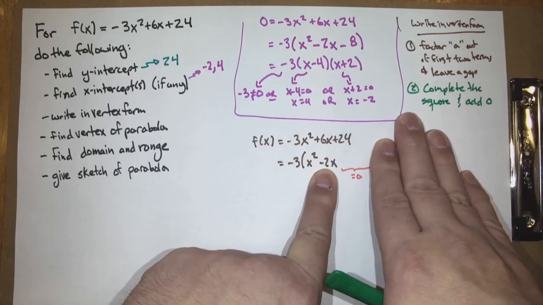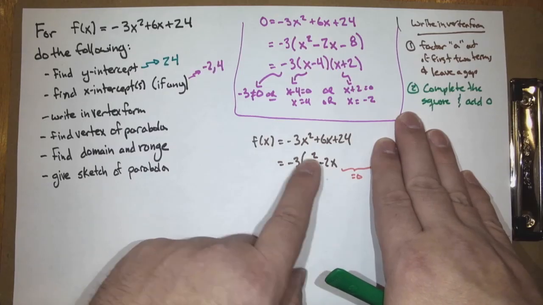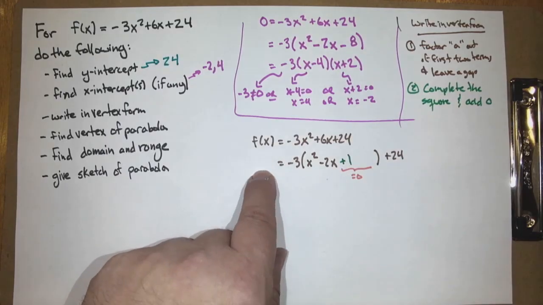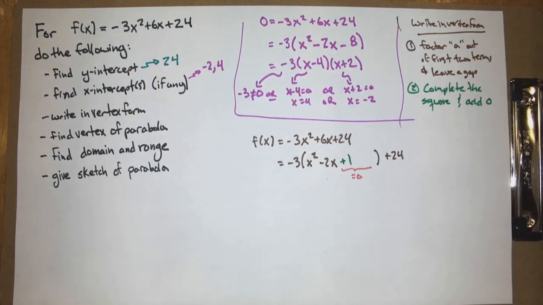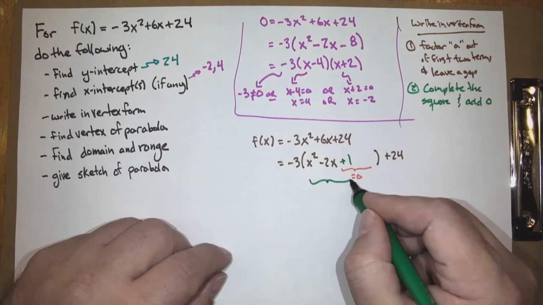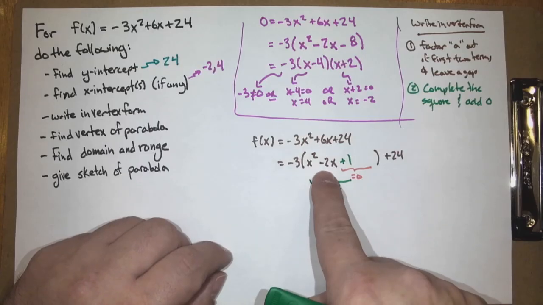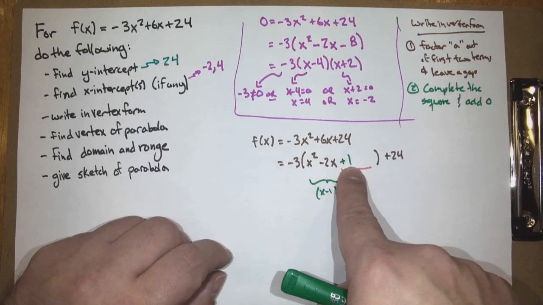Negative 2 divided by 2? Negative 1. Square that. You get 1. So that's what you need to add. So if I add 1, then this part becomes x minus 1 squared. It becomes a perfect square. So divide by 2 and add the square.